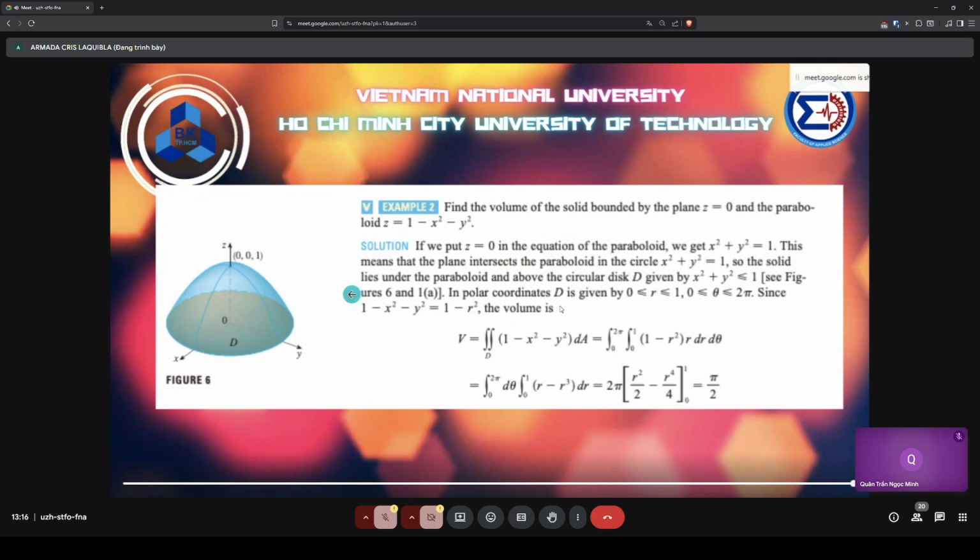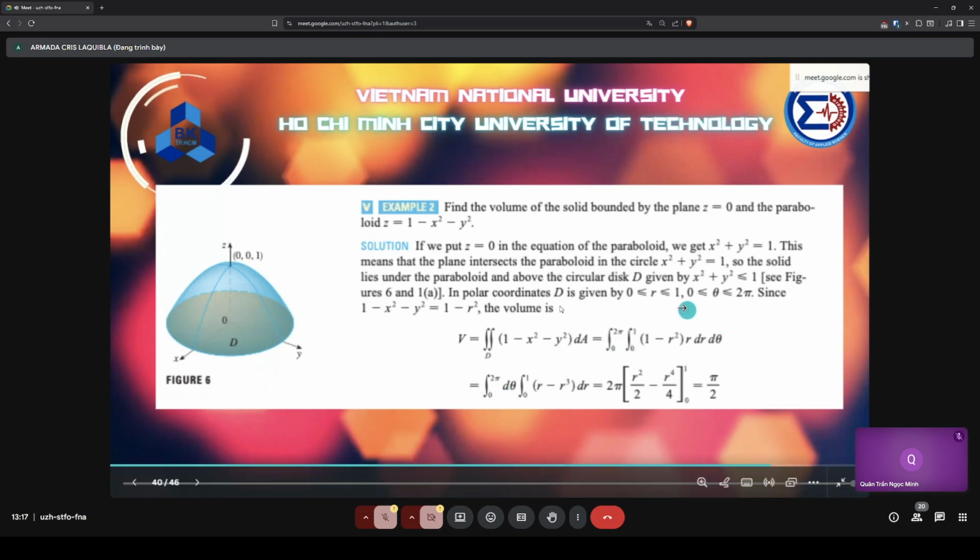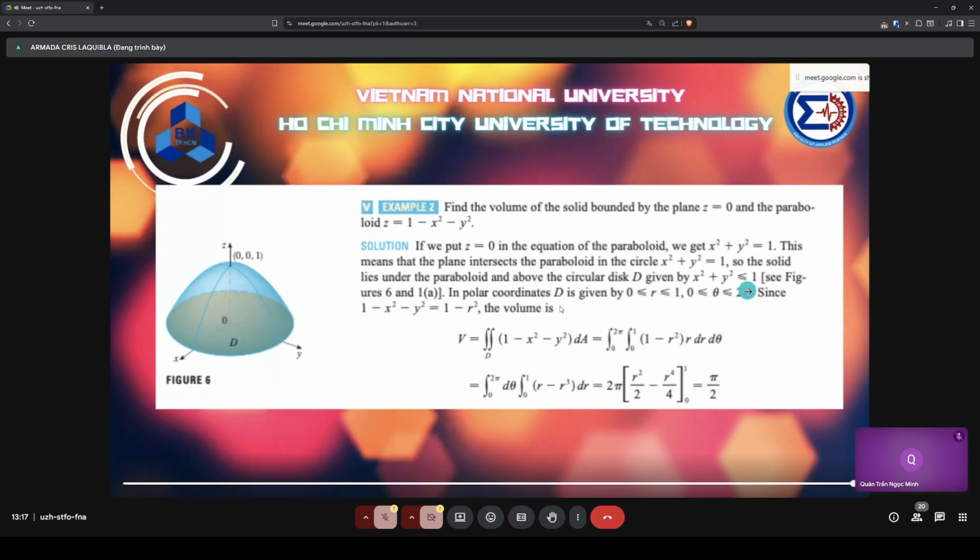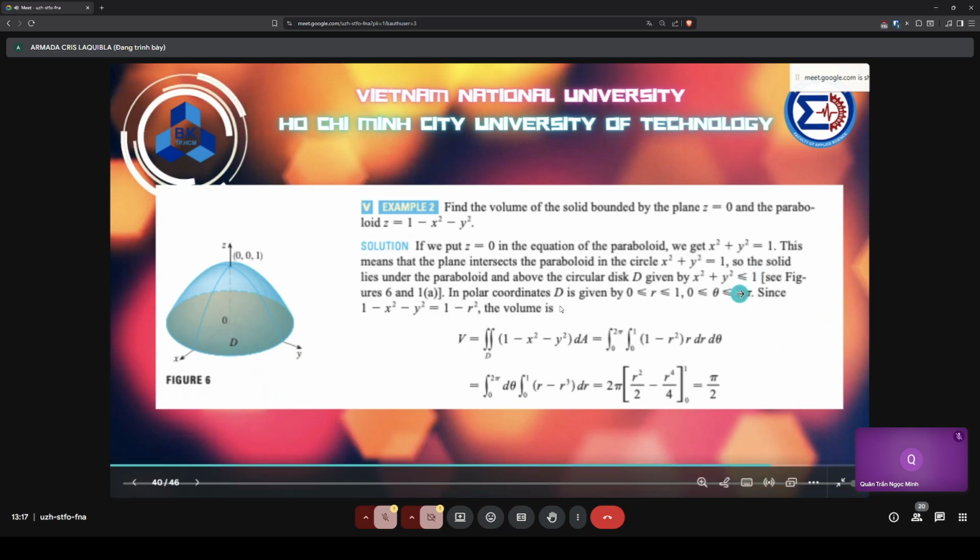So the solid lies under the paraboloid and above the circular disc. It's here. It's above the circular disc. And it says under the paraboloid because the paraboloid is that graph there. So it's under it. And then given by x squared plus y squared is less than or equal to 1. Yeah, because you include all the points there inside the circle. So that is why it's less than or equal there.